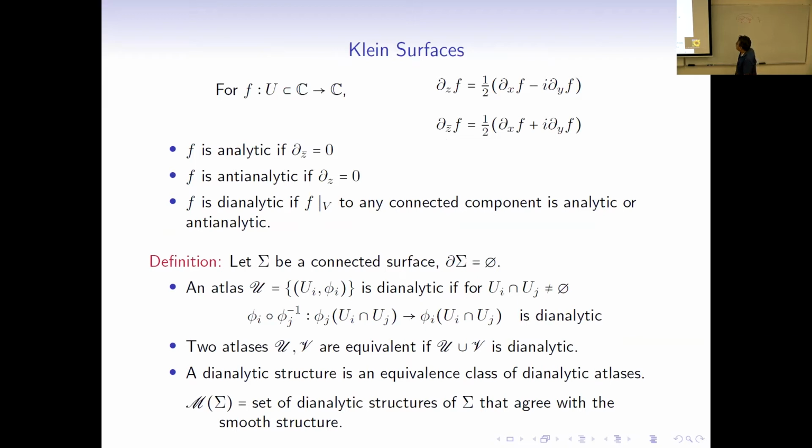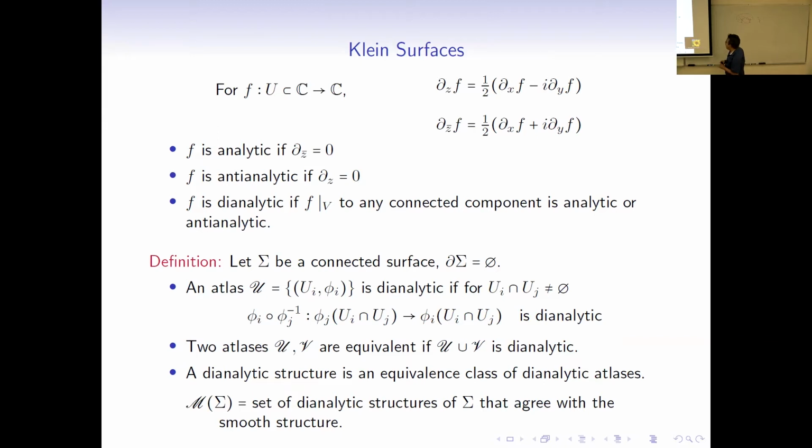We want to think of Klein surfaces, which are the analogs of Riemann surfaces, where you allow changes of coordinates to be analytic and anti-analytic. A function is said to be dianalytic if it is either analytic or anti-analytic on connected components.